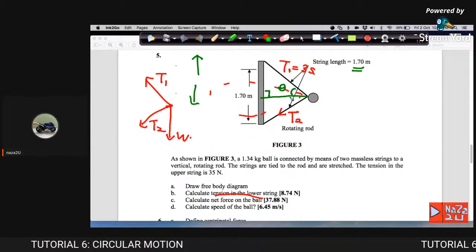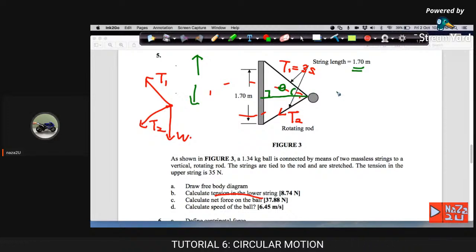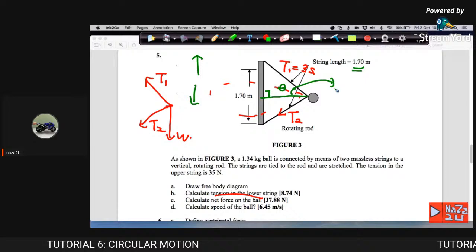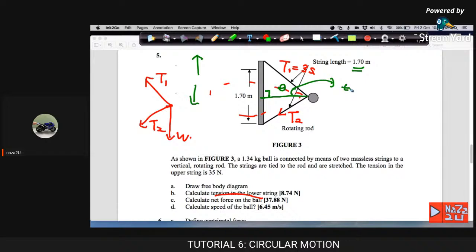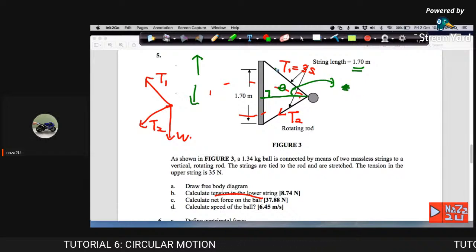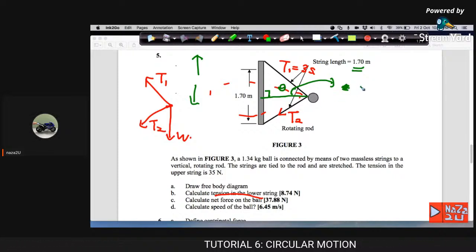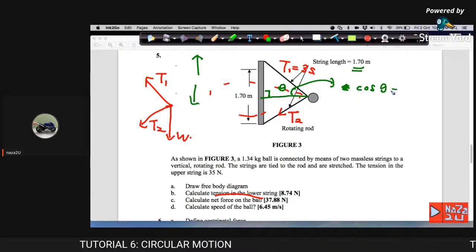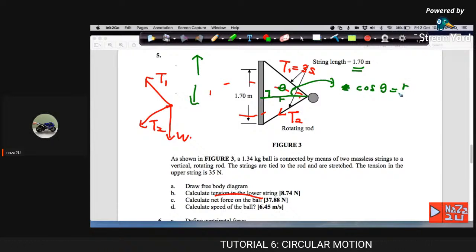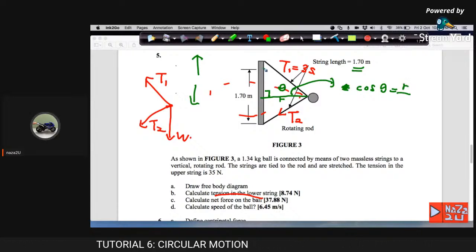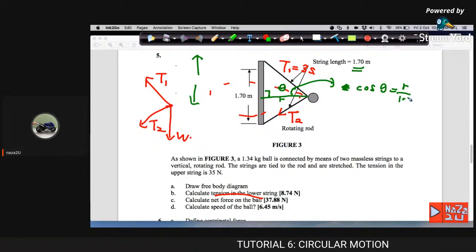If you calculate theta, you can find its value. Use the triangle here. We have cos theta equal to radius divided by the hypotenuse, and the hypotenuse is 1.70 meters.